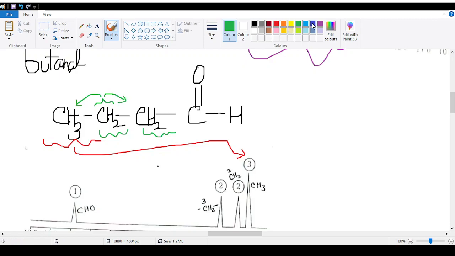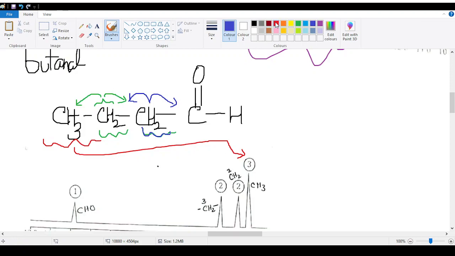But for these other two hydrogens, on the left side they have CH2, and on the right side CHO. Although both are CH2, it's not about them, it's about what's around them. The surroundings are different, which is why we consider them different chemical environments.